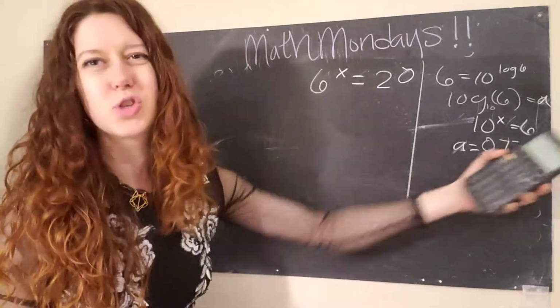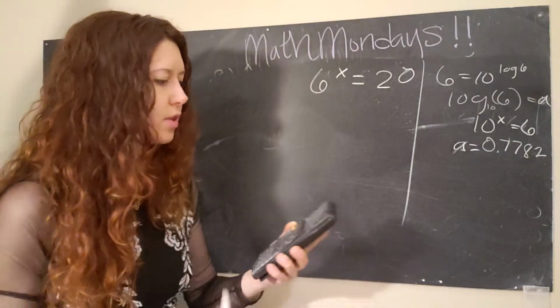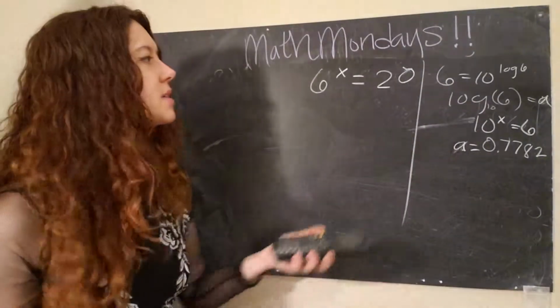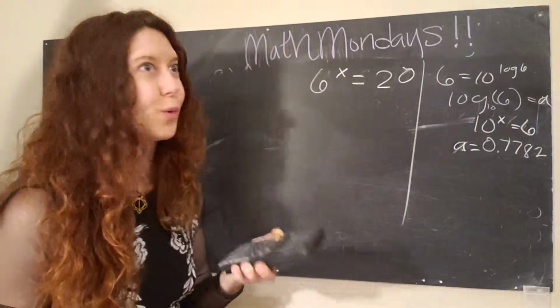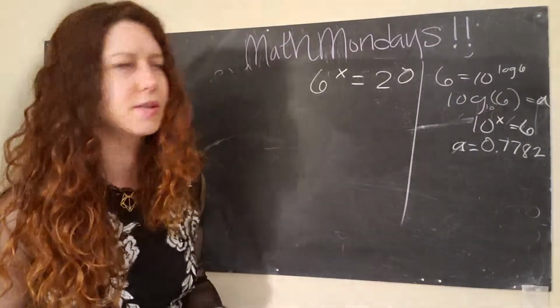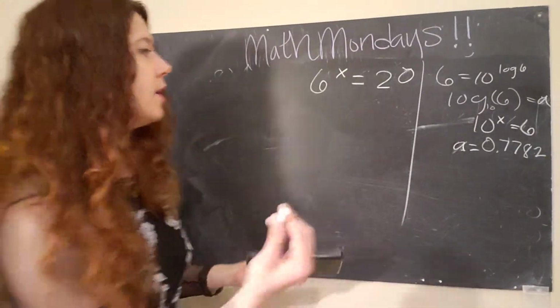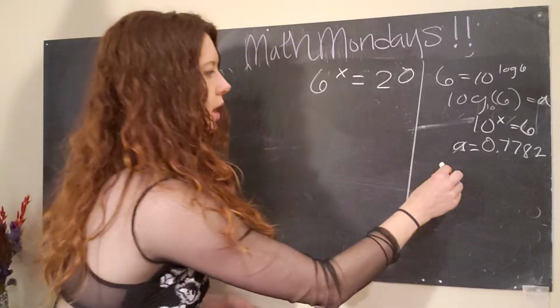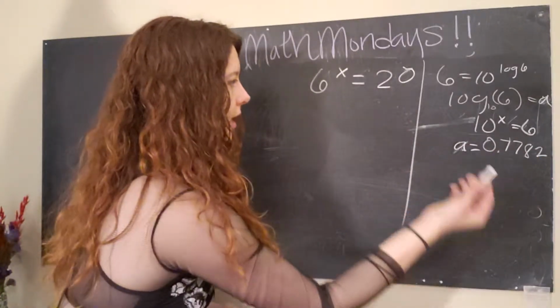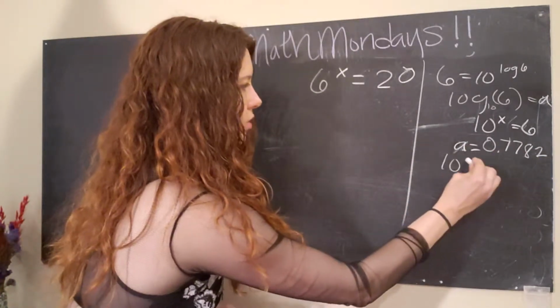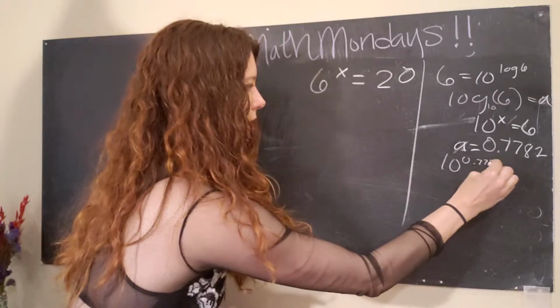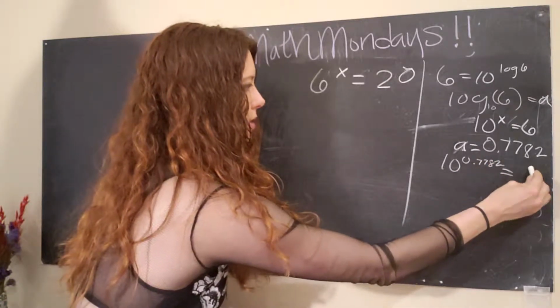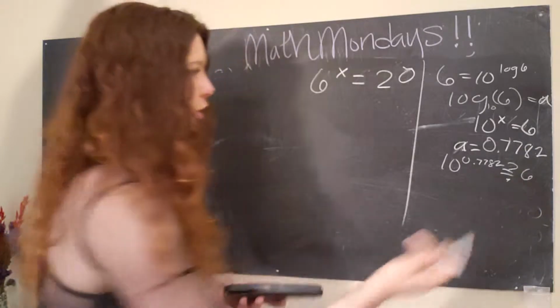Usually I only keep 2 or 3 significant figures. The more you keep, the more accurate it is, but as long as you know what you're doing, that's more than sufficient. So then let me just double check, and I should get 10 to the 0.7782 equals 6. I'm going to put a question mark here for now.